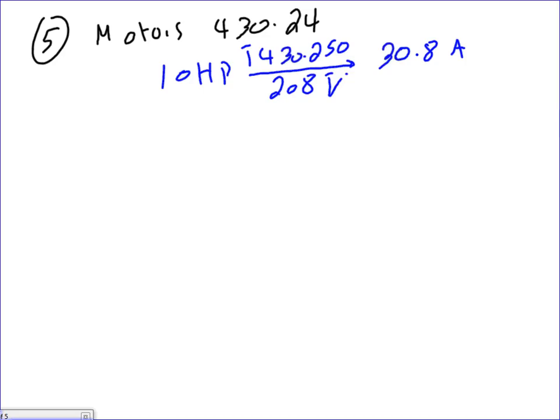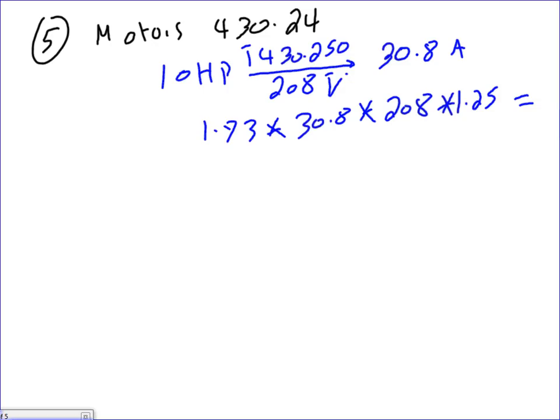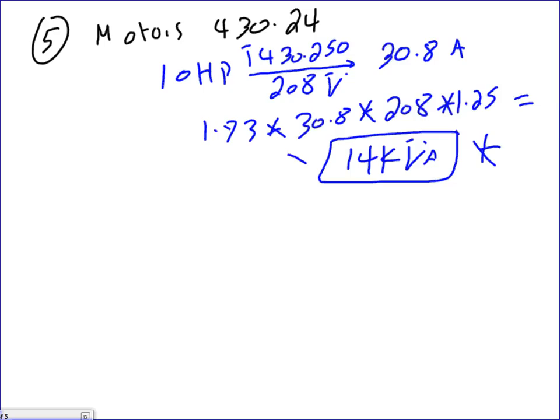Then you take 1.73, multiply it by 30.8, multiplied by 208. I'm going to add 1.25 because it's one motor, times 1.25. If you do all this, you're going to end up with 14 kVA. That's what you're going to carry downstream.